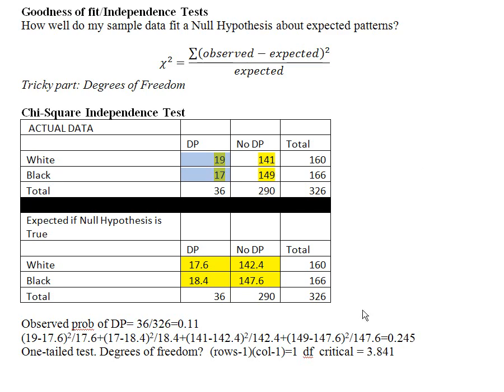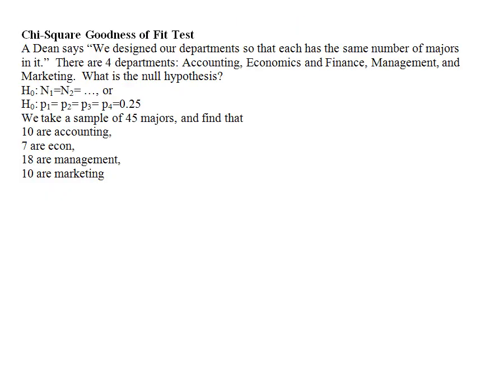And that's what the test tells us. All right, here's one last common application of a chi-squared test called a goodness of fit test. Suppose you have some sort of expectation about the distribution of categories that things should be in.